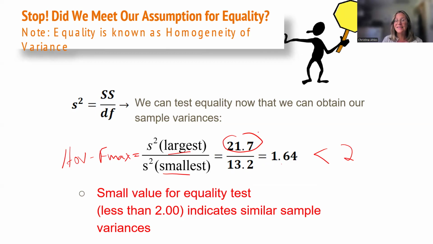It was not significantly different. If it's larger than 2, then we know at this point that our results are probably going to be invalid. We'll still report results, but we can know that homogeneity of variance probably impacted our ability to find patterns in the data.